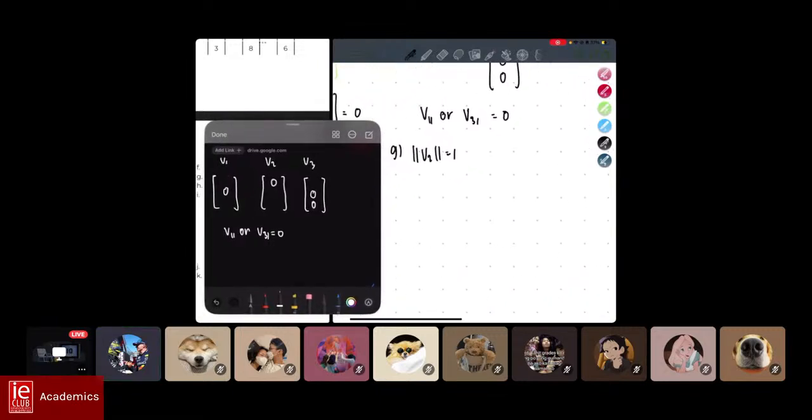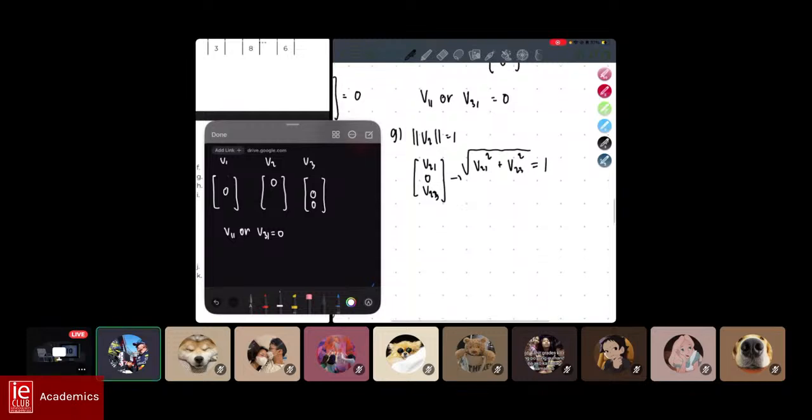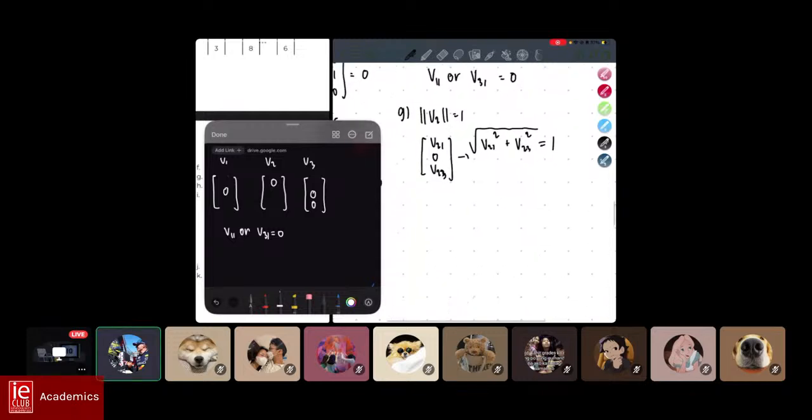This means na given our V2 is V21, 0, V22, that just means na V21 squared plus, skip na natin yung middle, V23 squared is equal to 1. We can't really go from there muna. Pero we know that this information exists na, so we can just get back to it later.